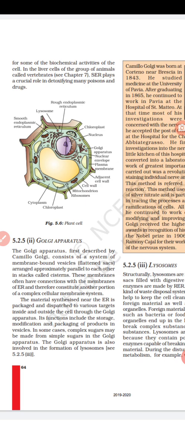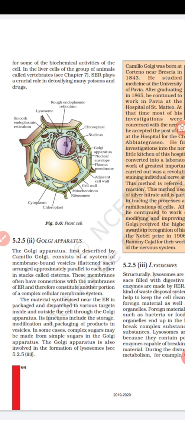As it has a network-like structure, children, so from nucleus to cytoplasm. Why nucleus? Because the endoplasmic reticulum is attached to the nuclear membrane. So its main function is to transport material from nucleus to cytoplasm, or cytoplasm to nucleus. So this is all about the endoplasmic reticulum.